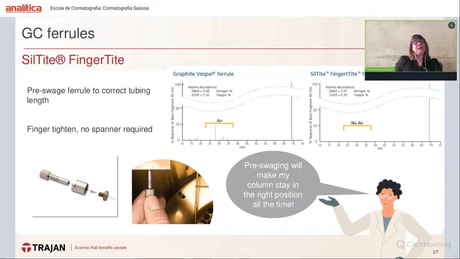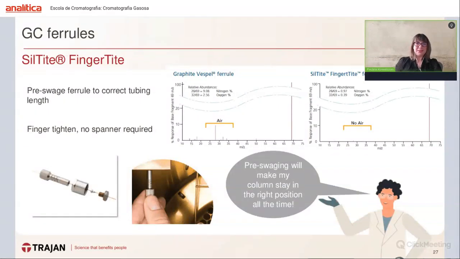And here, the last bit about metal ferrules, the finger-tight ferrules, they are pre-swaged onto the column before fitting into either the injection port or our detector interface. Pre-swaging will make the ferrule stay in the same position all the time. So we will have our columns installed correctly all the time in the injection port and in our detector interface.